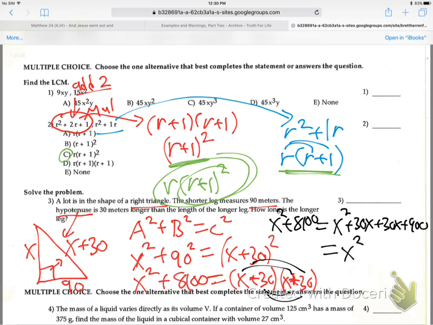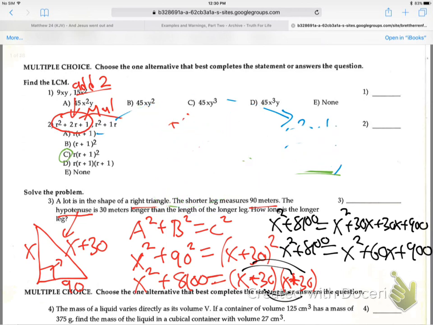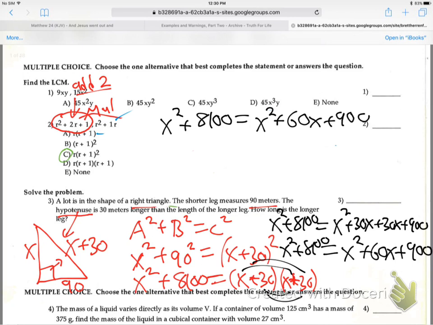And so that's x squared plus 60x plus 900. Kind of running out of room there. Have to come up here. So up here we go. x squared plus 8100 is x squared plus 60x plus 900. Is that good? Everybody good to there?